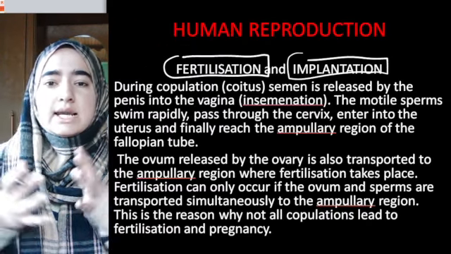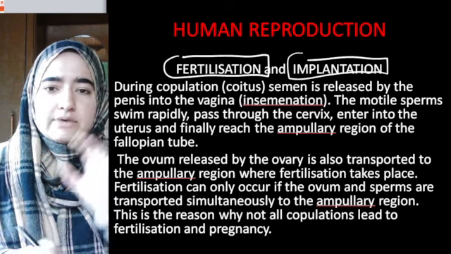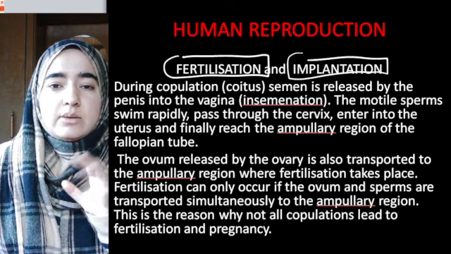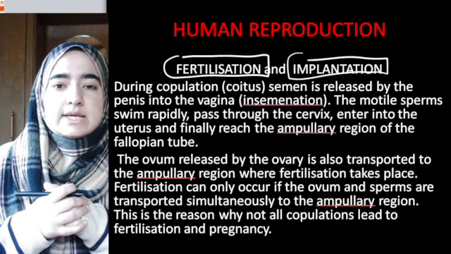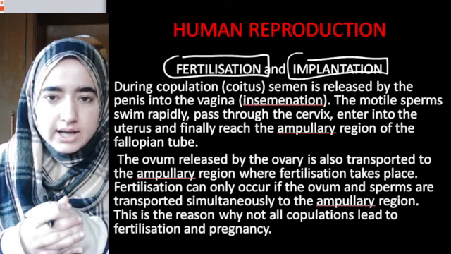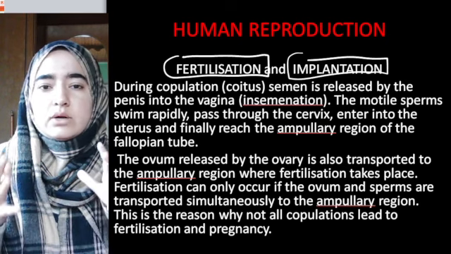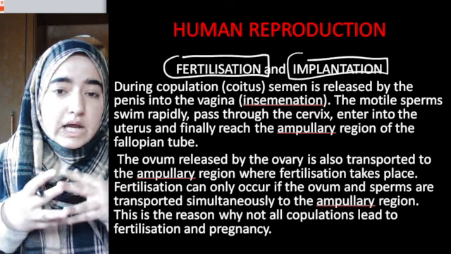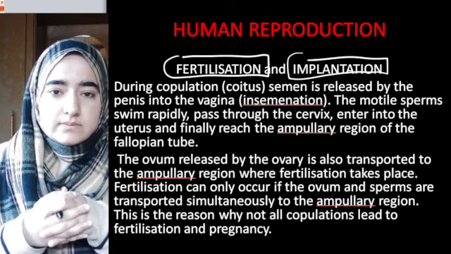How does this fertilization occur now? Say, for example, spermatogenesis took place inside the male body and oogenesis took place inside the female body. Now they both have to come closer in order to form zygote, in order to form offspring. But how is this process possible?